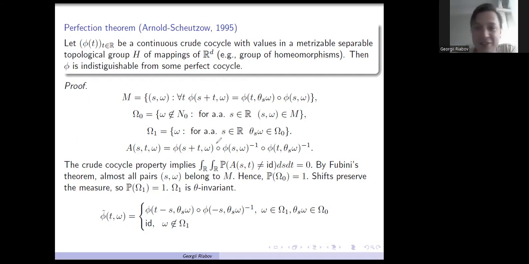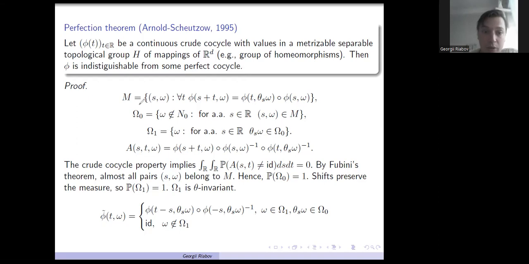You can see that I'm cheating a little bit, because here I assume the crude cocycle to be two-sided in time, while in our stochastic differential equations we get crude cocycles for t greater or equal to 0. However, the proof for one-sided cocycles is the same in spirit, but it is more involved in different technical moments. So I will show the proof for two-sided cocycles.